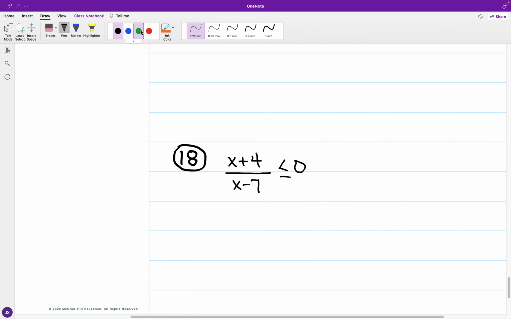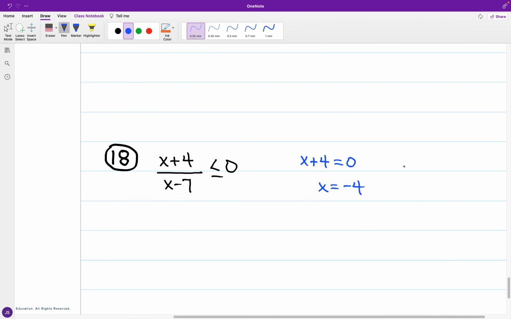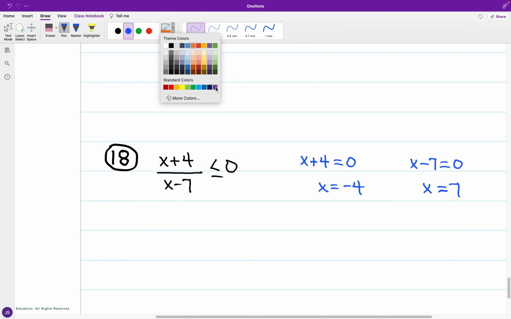Again, it says to solve and write the response using interval notation. So with this ratio, if I were to attain the zeros of the x expressions, if I have x plus 4 equal to 0, we have x equal to negative 4, and the other expression, in the denominator, x minus 7, if that is equal to 0, we have x equal to 7.